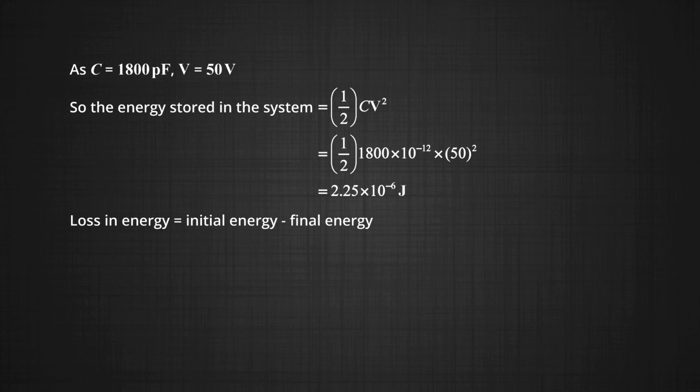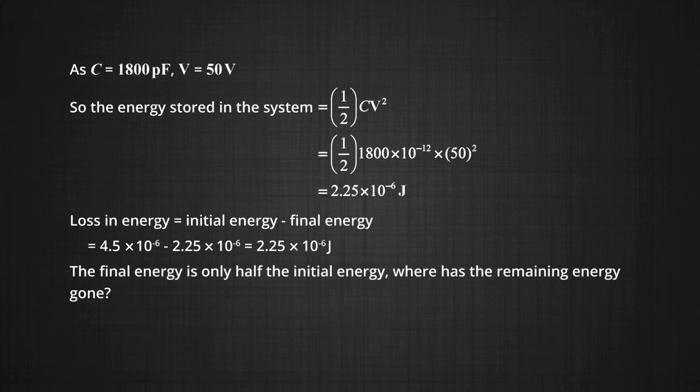Loss in energy is equal to initial energy minus final energy, which is equal to 4.5 into 10 to the power minus 6 minus 2.25 into 10 to the power minus 6, which comes out to be 2.25 into 10 to the power minus 6 joule. The final energy is only half the initial energy. Where has the remaining energy gone?